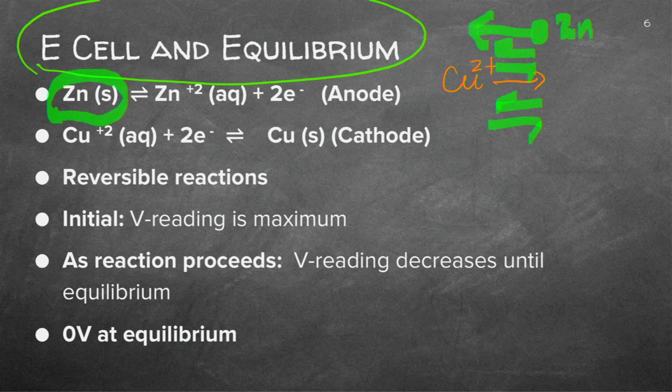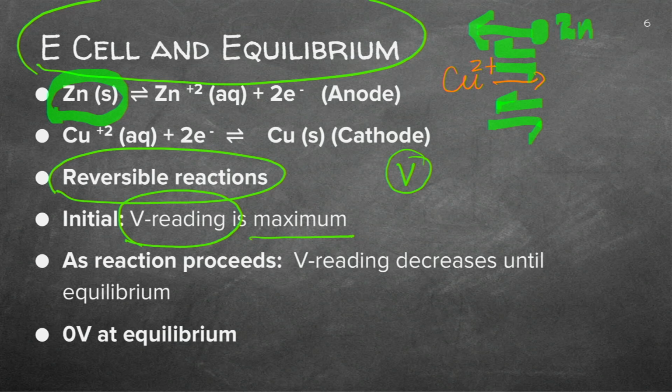We're going to have these reversible reactions. Firstly, you're going to have a voltmeter or galvanometer reading, which is maximum. Then as the reaction is proceeding, as the electrons are released and gained again, the voltmeter will decrease a little bit. So it will start off with a maximum.